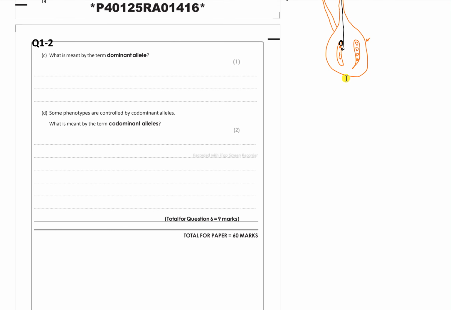Okay, what is a dominant allele? It's an allele that is always expressed, shows up, in a heterozygote.